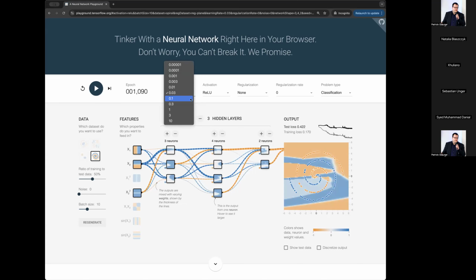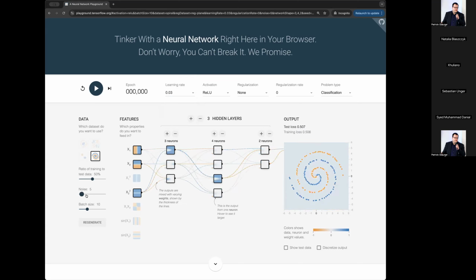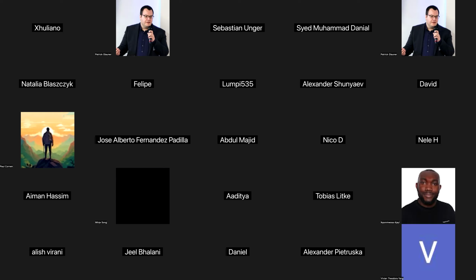If you make it too big, it overshoots and it will also not generalize. You can work with features, and once you have found a neural network that separates well, you can try to add more noise and make it more complex. This would be one of your homeworks, playing with this TensorFlow playground and see if you've understood the concepts about neural networks.